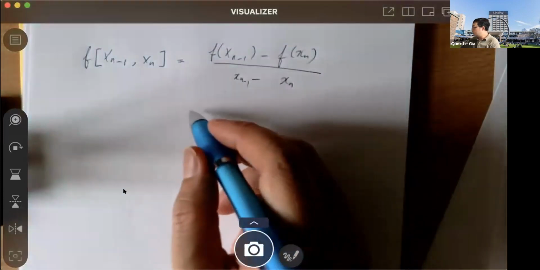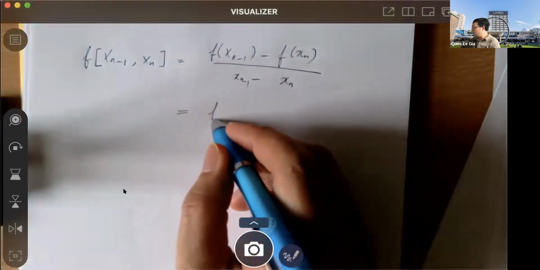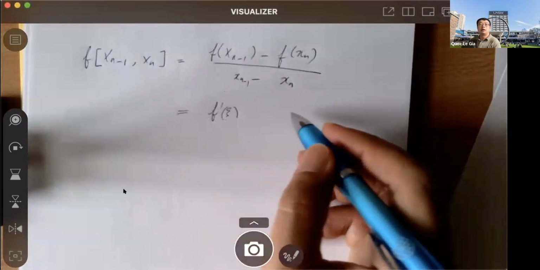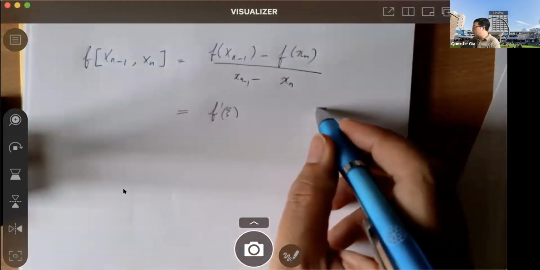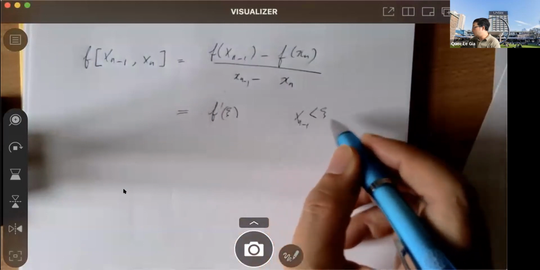And by the mean value theorem, this is equal to f prime of some xi, where xi is between xn minus 1 and xn.